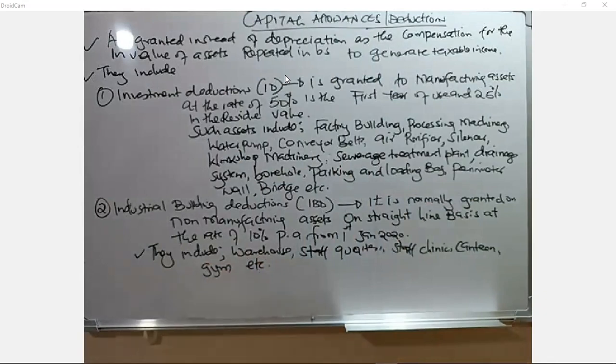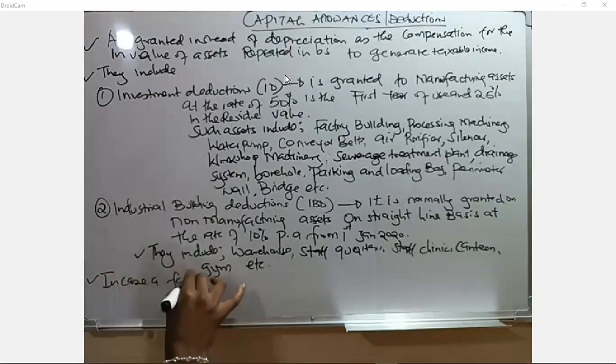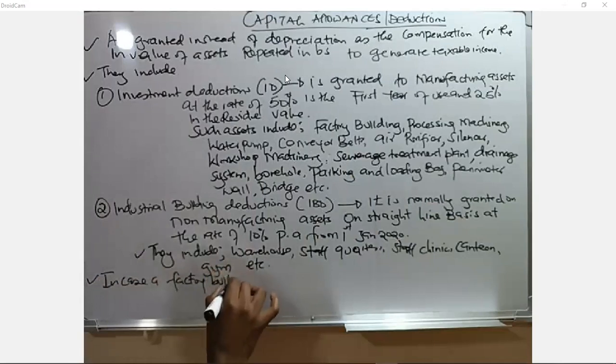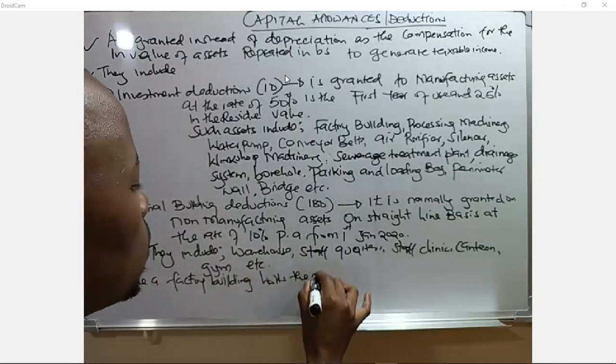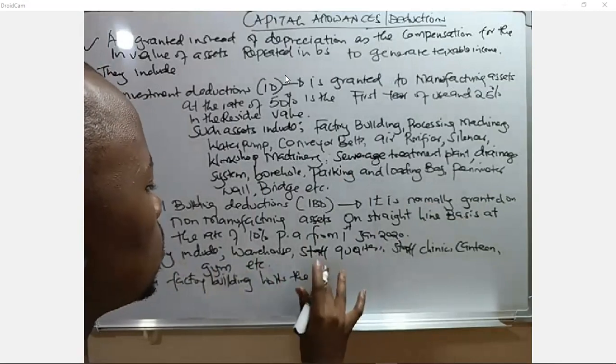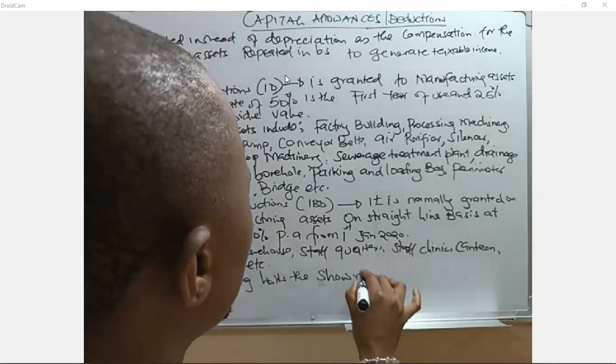Now, because here we have to be identifying and elaborating much about this, we say that in case of a factory building, it holds the following assets: showroom, right?